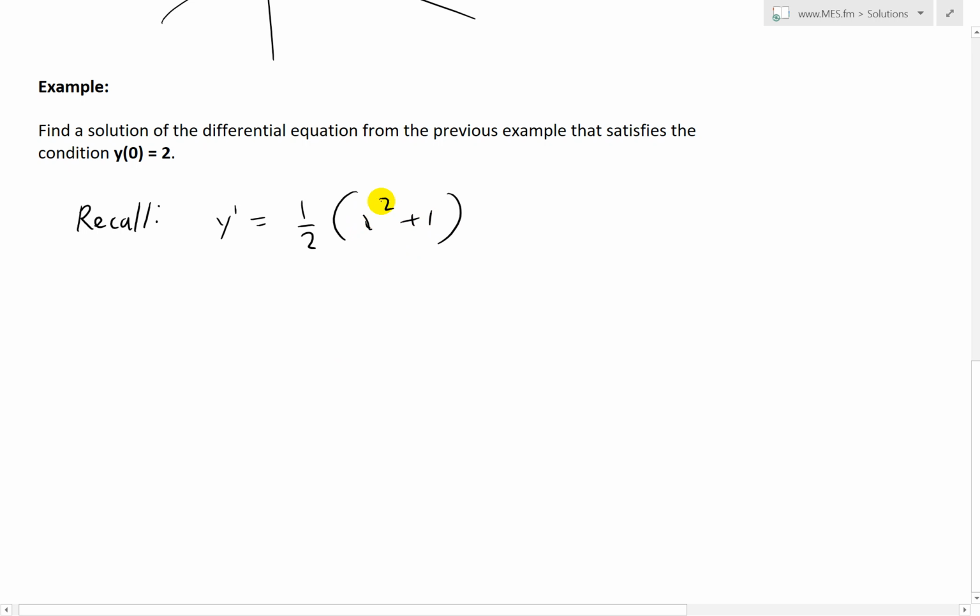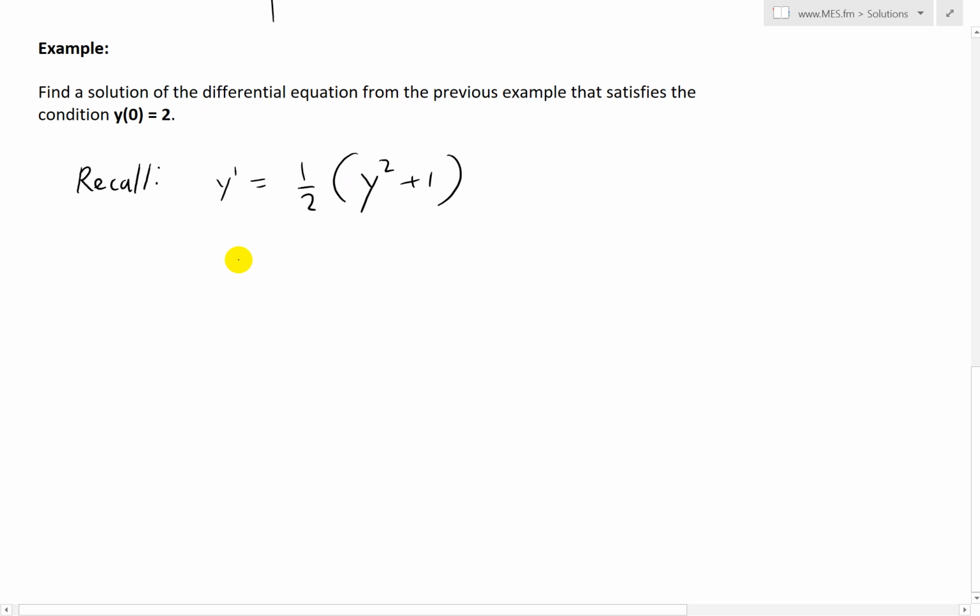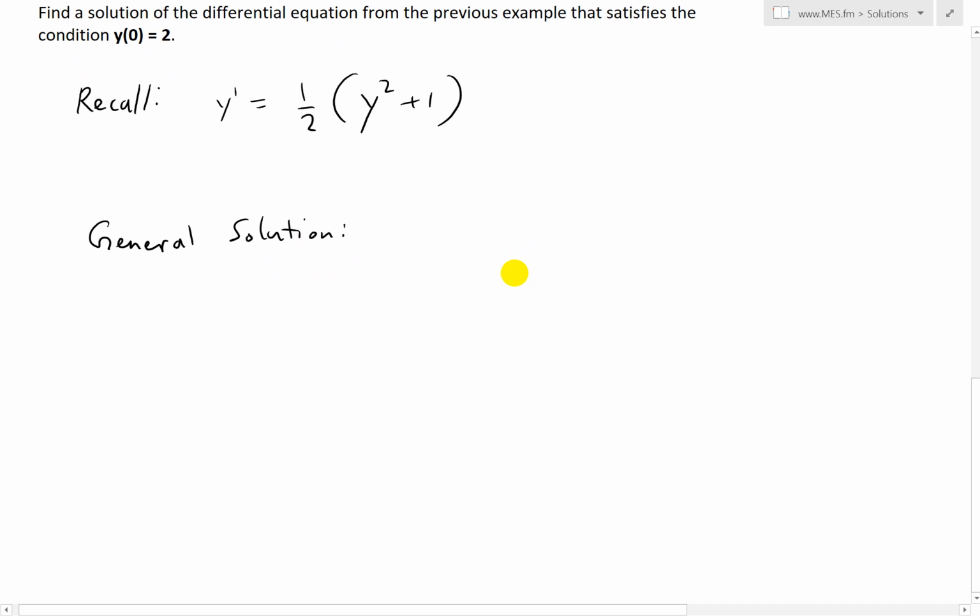Also recall the general solution, which was shown in my last video, so make sure to watch that. It's in the video link below.